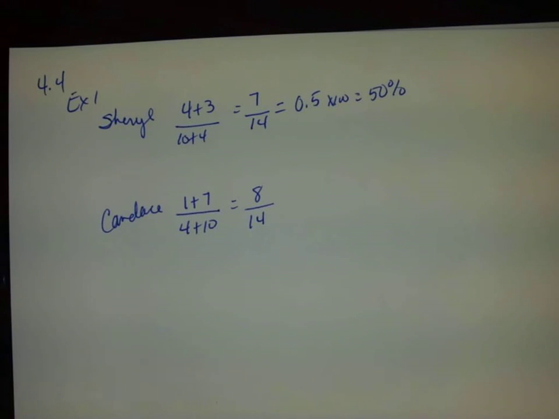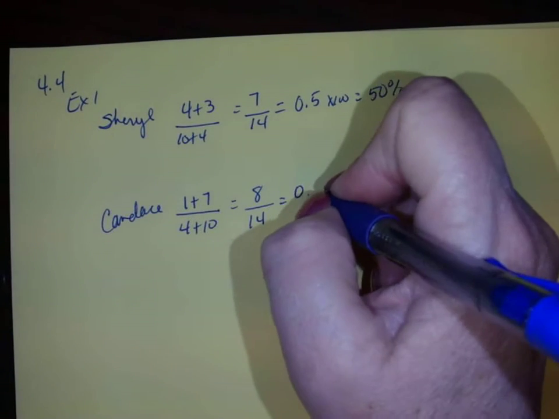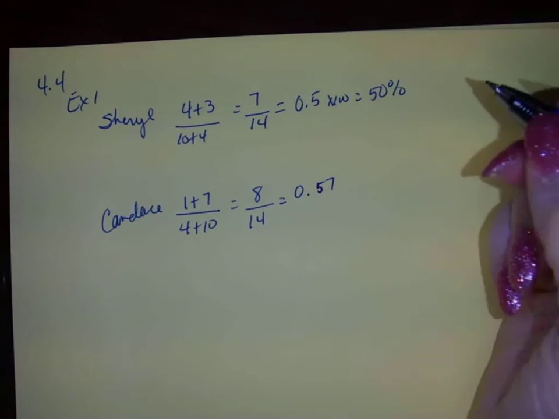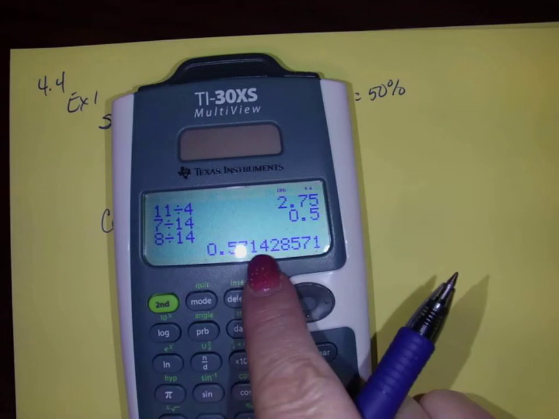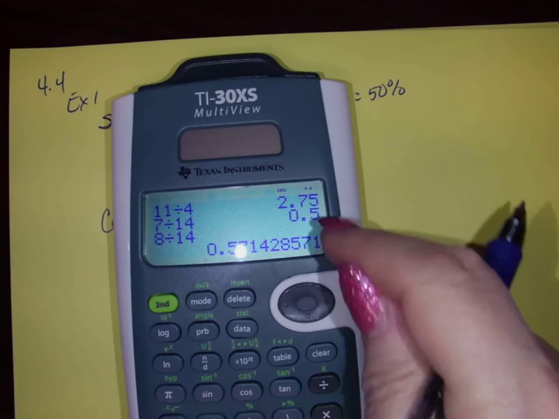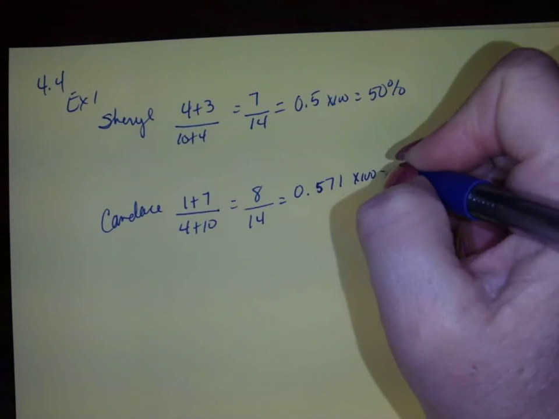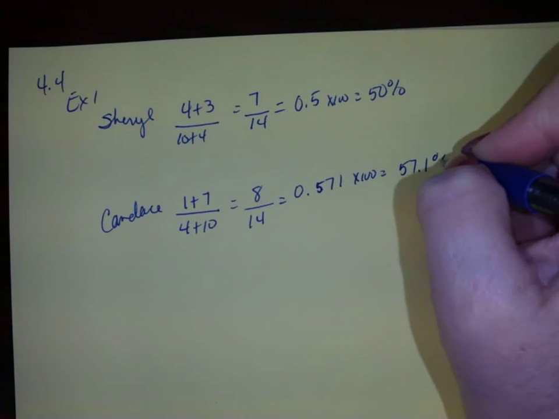Well, when I put that in the calculator, I get 8 divided by 14. This is going to get us about 0.57. The other one was just 0.5. And then if we multiply that by 100 or move our decimal place over 2 places, we get 57.1%.